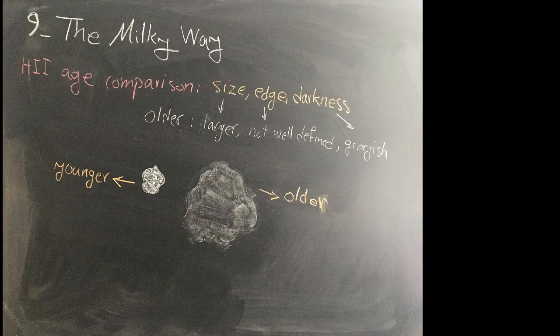We can also compare H2 regions and find out their age without any calculation. Because they tend to spread away, larger means they are older, and after a while, their edges will be just spread away.